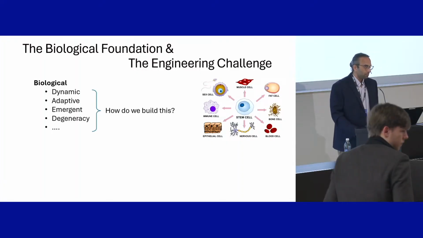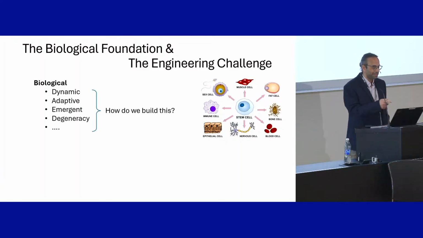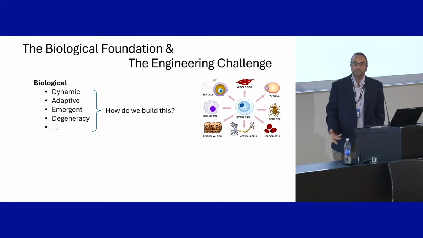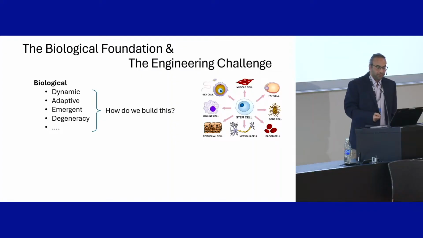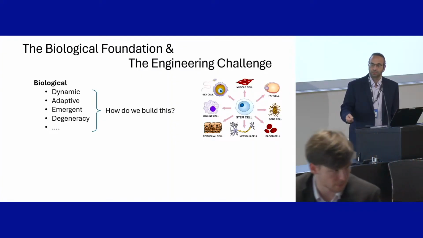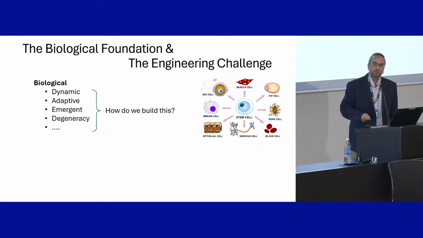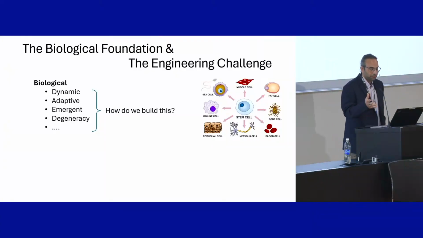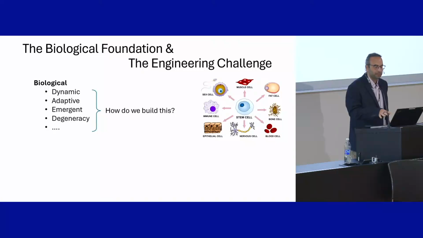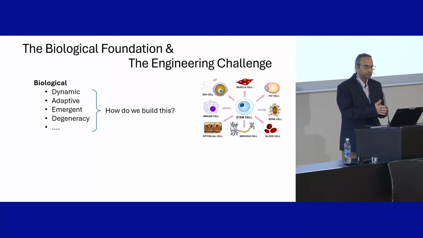And I don't like the second word, degeneracy, but cells have that kind of property, meaning that cells can adapt in many ways to inside malfunctions and outside malfunctions. And just to remind you, I will do that a couple of times in these slides.